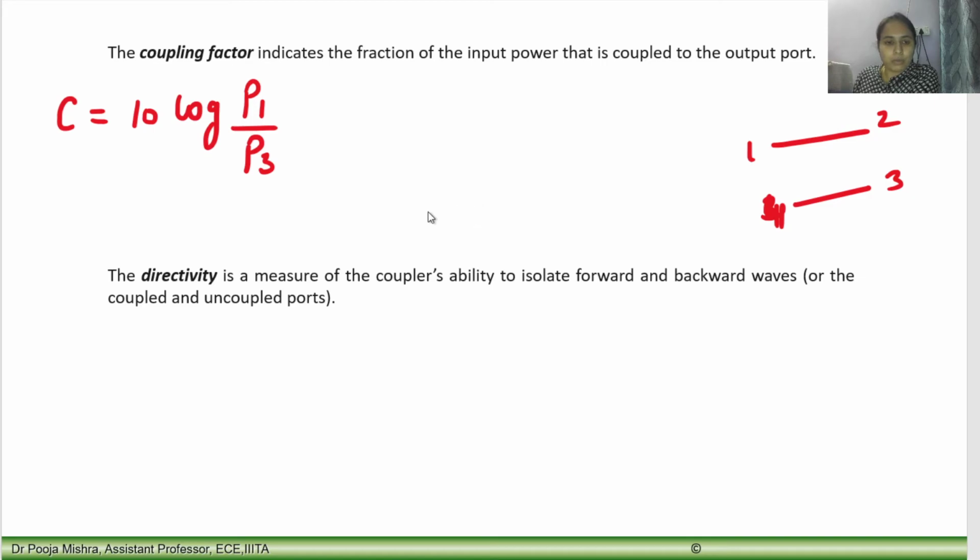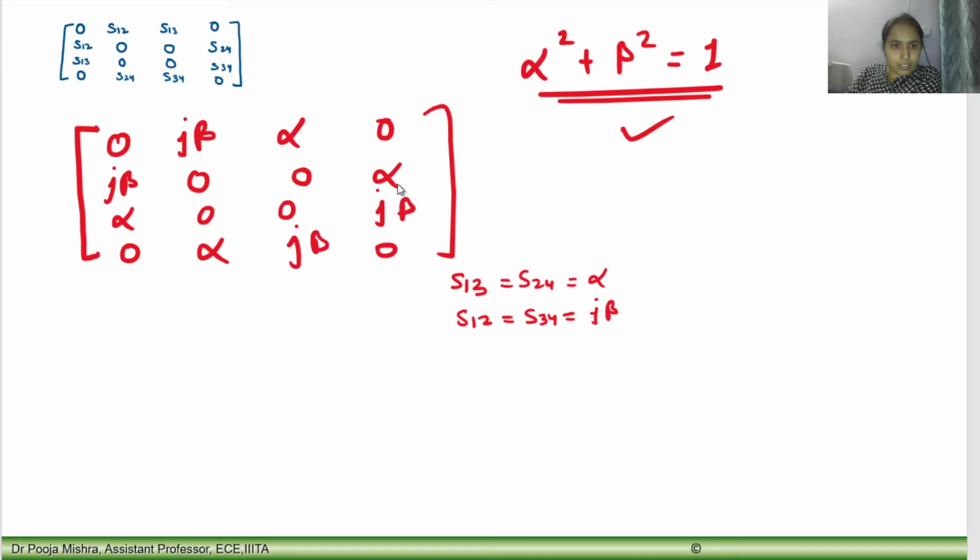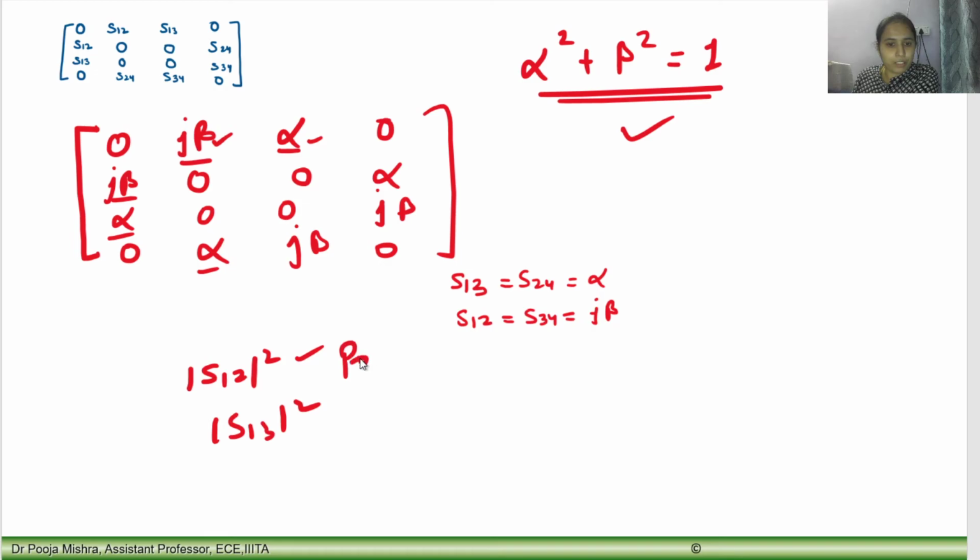So how do we measure power from the scattering matrix? This scattering matrix that is given to you shows values that are actually voltage values, not power values. If you need to consider the power, it will be S12 square or S13 square. The power into port 3 will be S13 square. This is the power into the second port, j beta square. S12 square is the power, while these values are actually the voltage values.